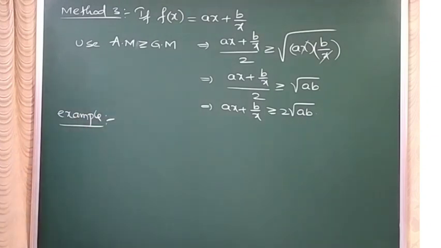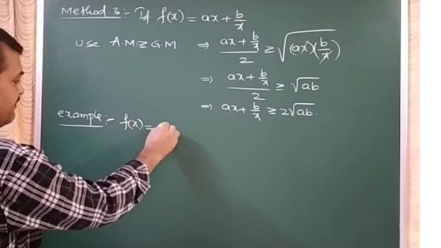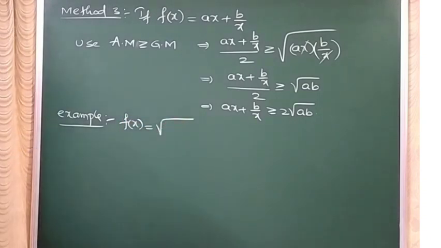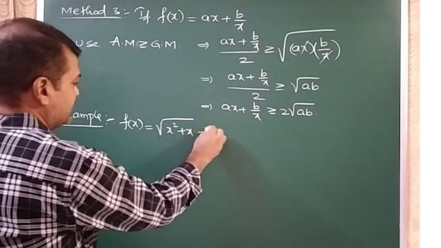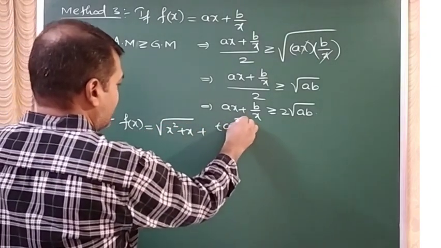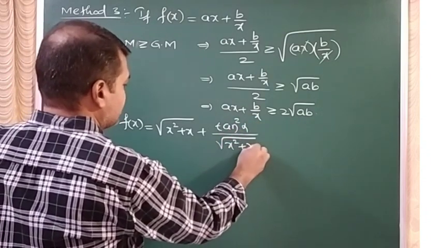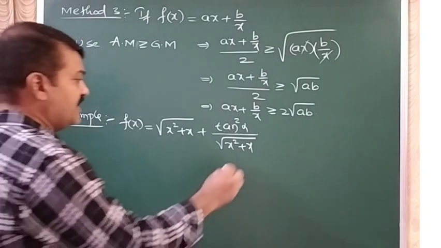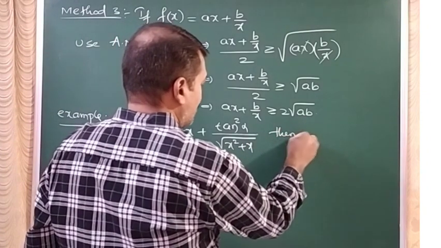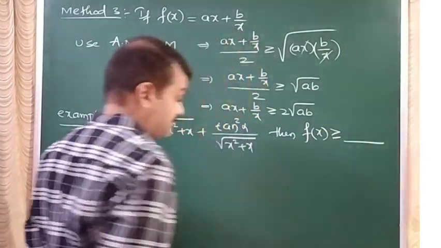For example, if you have f of x as root over x square plus x plus tan square alpha by root over x square plus x. If you have f of x like this, then your question is f of x is greater than or equal to what?